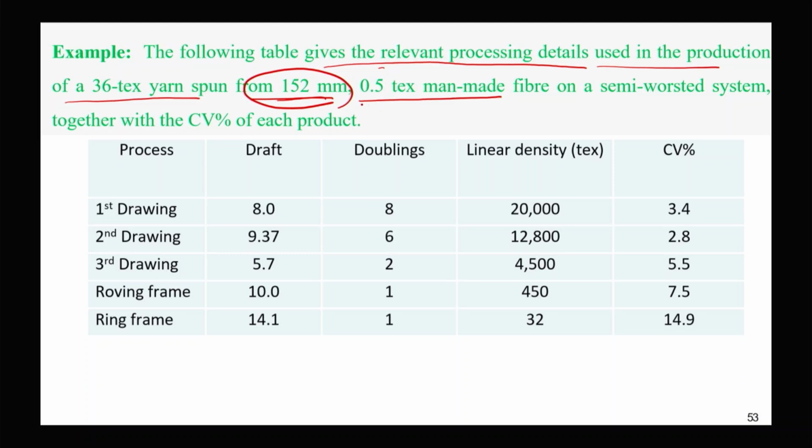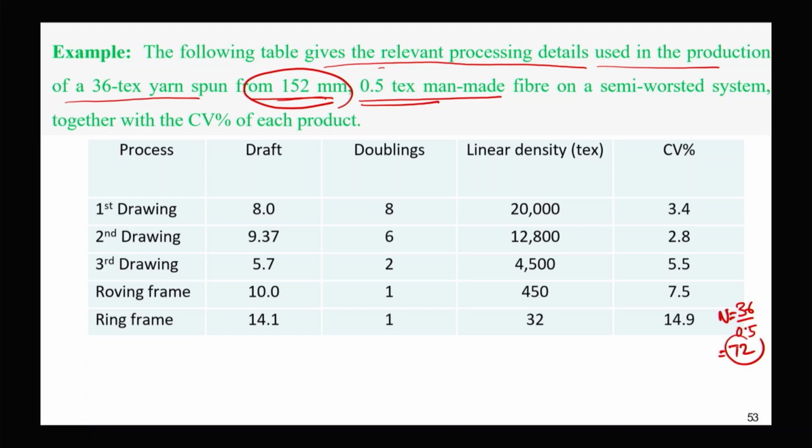So 0.5 tex man-made fiber. So if we see the ring frame, number of fibers in here will be 36 divided by 0.5. So 72 fibers will be in the yarn cross section.